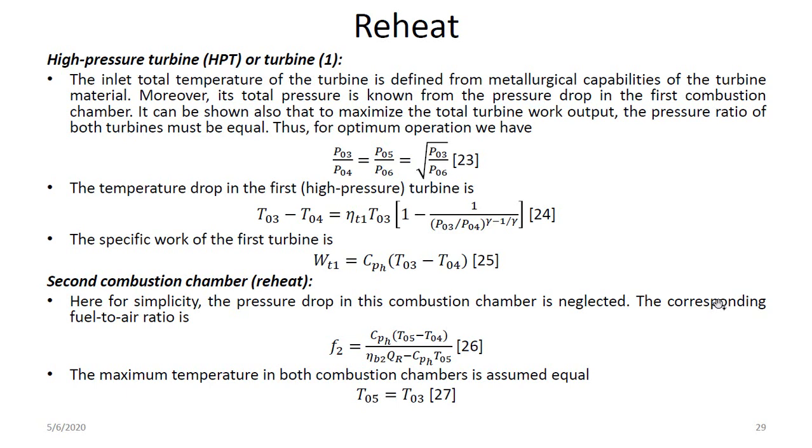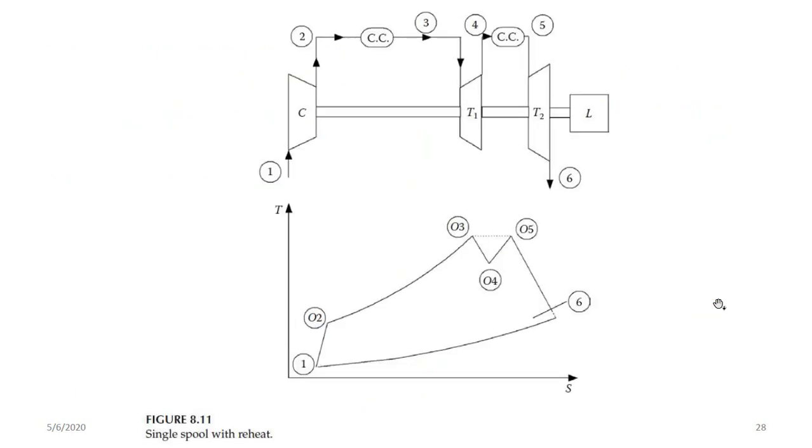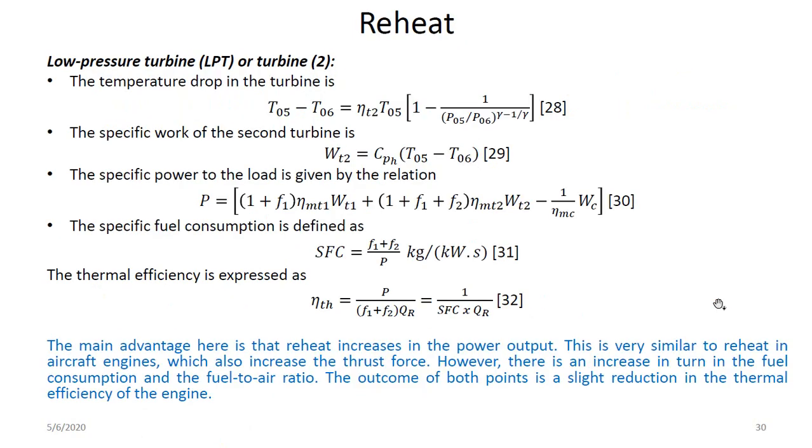And this is also demonstrated in this slide: T03 is equal to T05 from the TS diagram. Right? And the temperature drop with the second turbine is given by equation 28, the specific work for the second turbine.